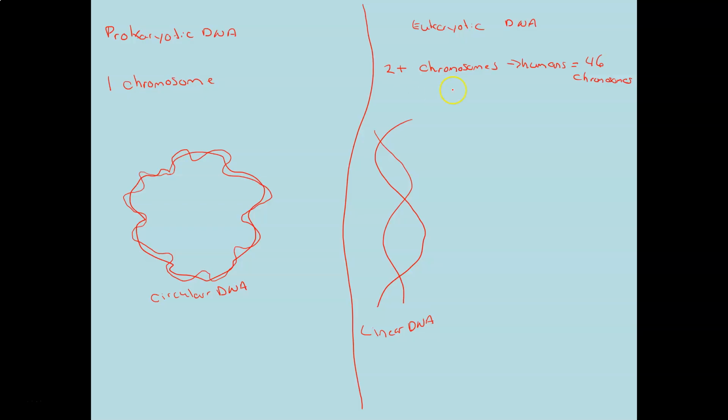So when we talk about that spread out DNA, and we're accessing it for information, we'll talk about this as chromatin. Basically this just means the cell is using that DNA, so it's accessible.